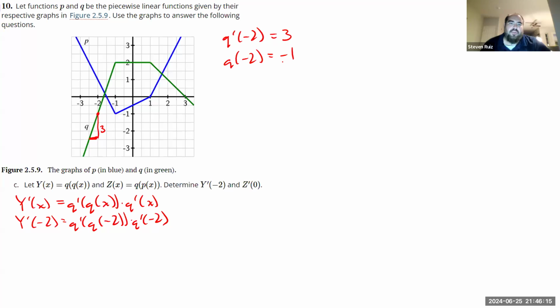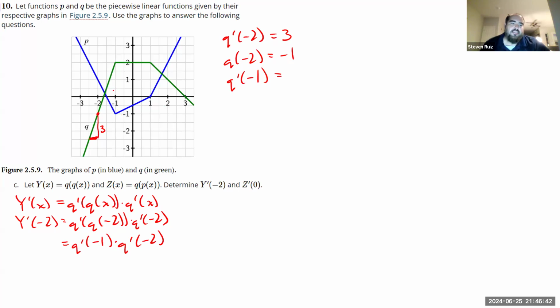So are we done? Not quite, because since q of -2 equals -1, let's just take some steps here. That means I need to find q prime of -1 times q prime of -2. So basically, I replaced q of -2 with -1. So now I need to find what the derivative of this function is at -1.